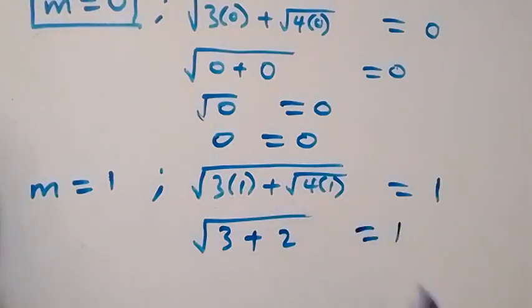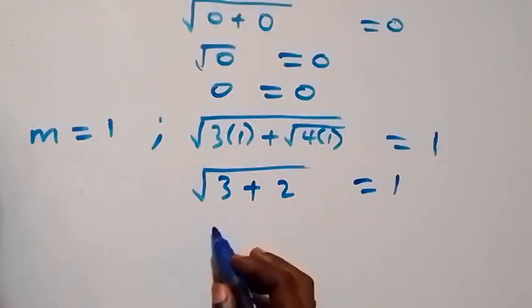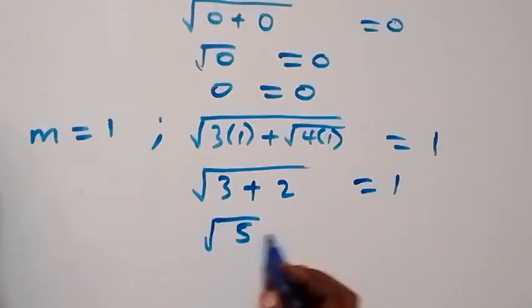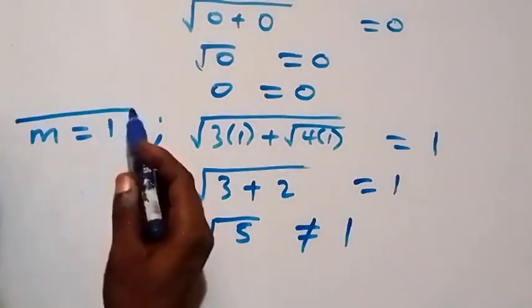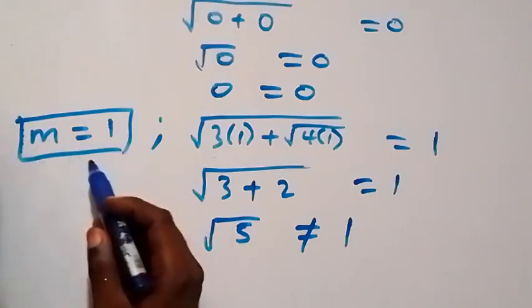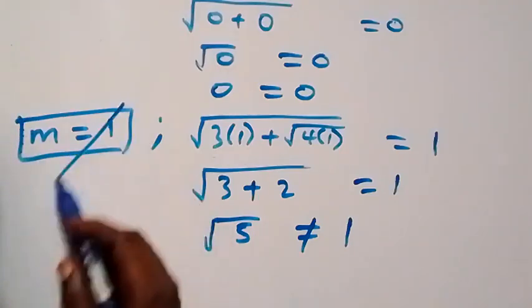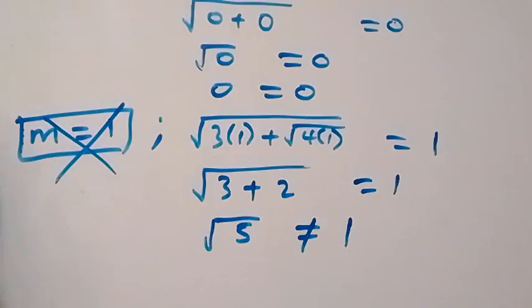Is equals to 1? Root 3 plus 2 here, that's not equals to 1. So 1 is not satisfying this problem, so it's not a solution.